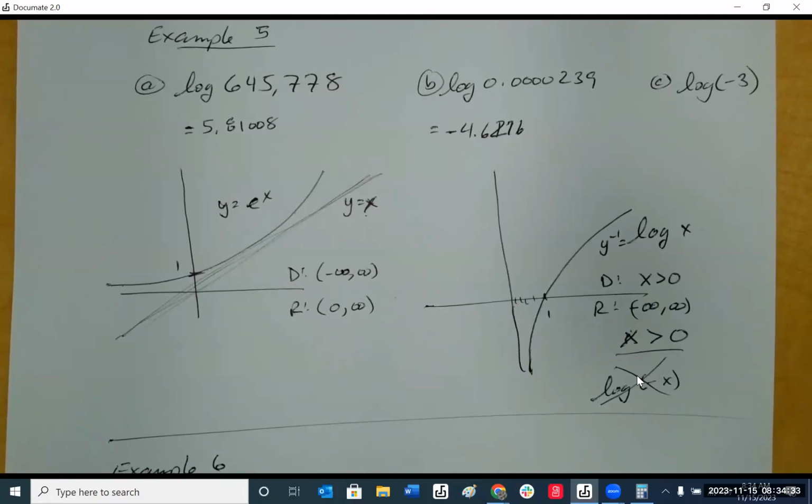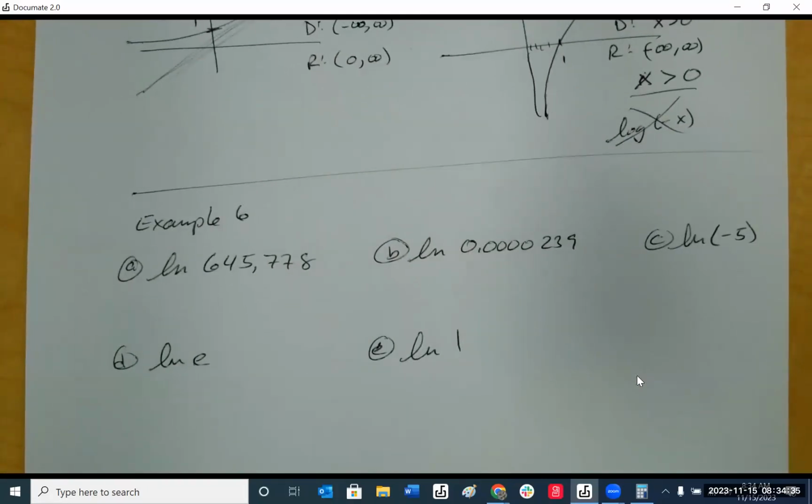And ln of 1. Three of these we can do automatically right now without doing any work with what we've talked about so far.